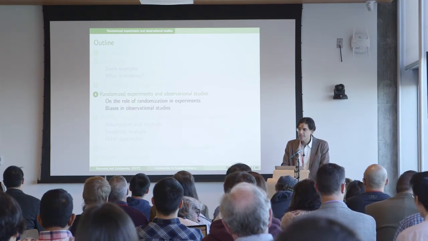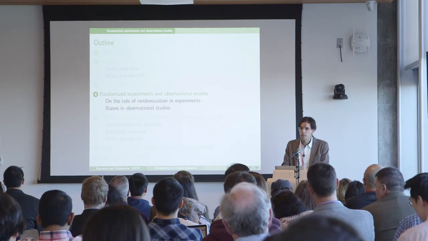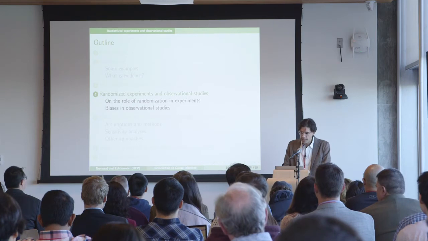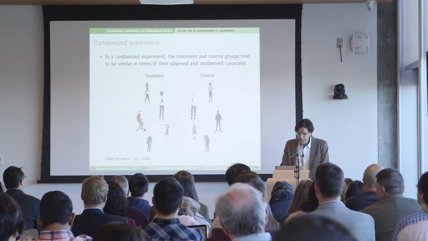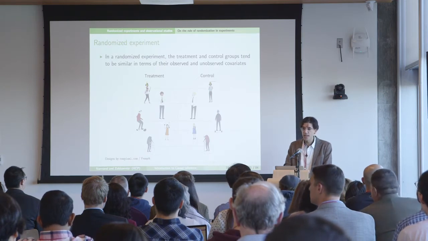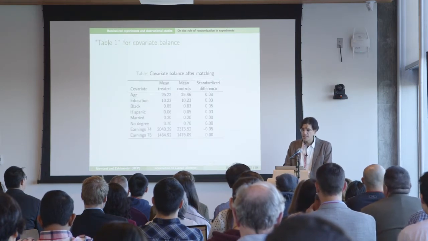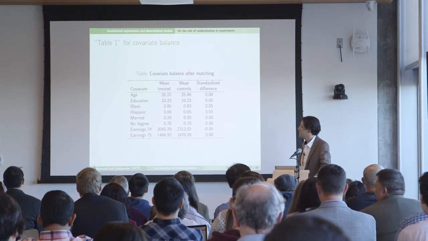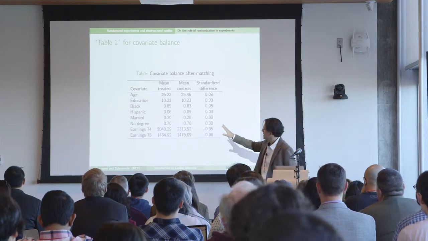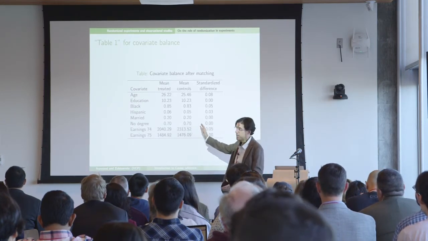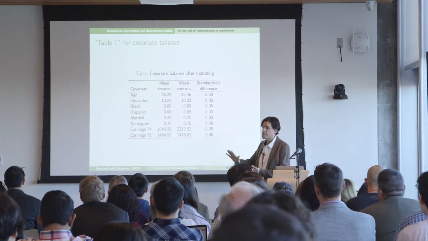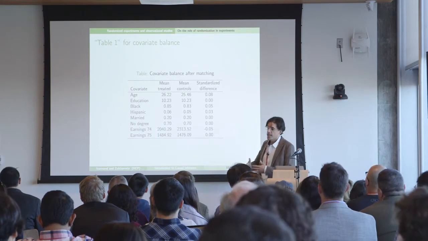So randomization is the statistical solution to the fundamental problem of causal inference. Let me explain more carefully why that is. We said that in a randomized experiment, the treatment groups tend to be similar in terms of their observed and unobserved covariates, such that at the end of the day, we have this nice table 1 for covariates, where we see that the treatment and the control groups are similar in terms of their means, but we also expect the distributions of these covariates to be the same across treatment groups.